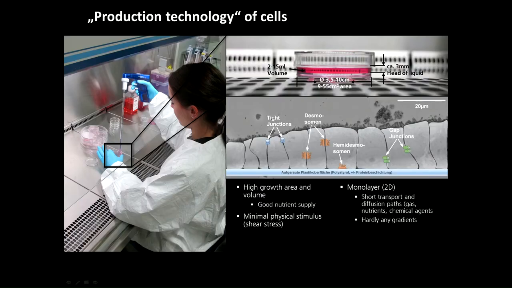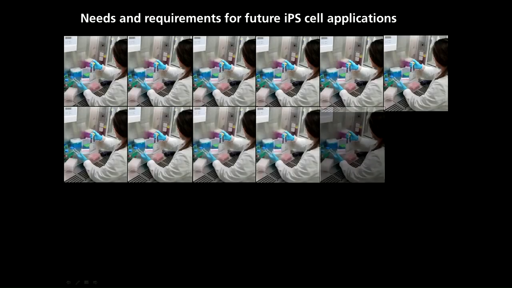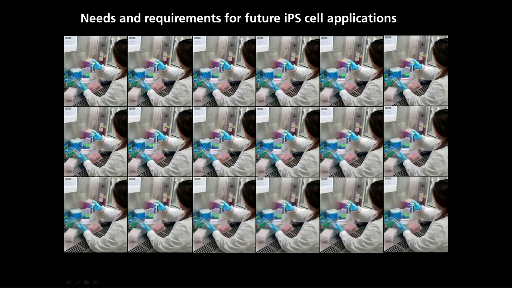If you now want to make a scale-up of this process or to reach the high cell number you need, the only possibility until now is to make something like this. You have to duplicate your technical assistance, and we all know that this is really not the solution at all, because finally, especially in iPS cell cultivation, you need some kind of golden hands.